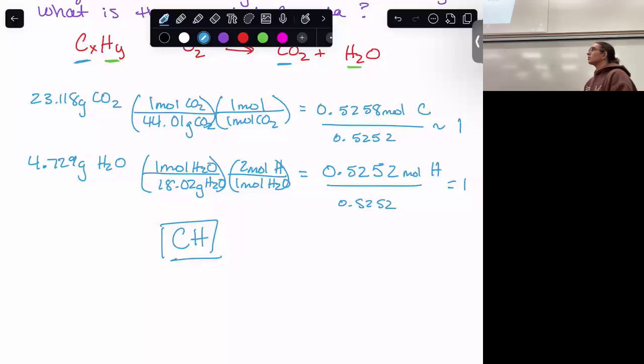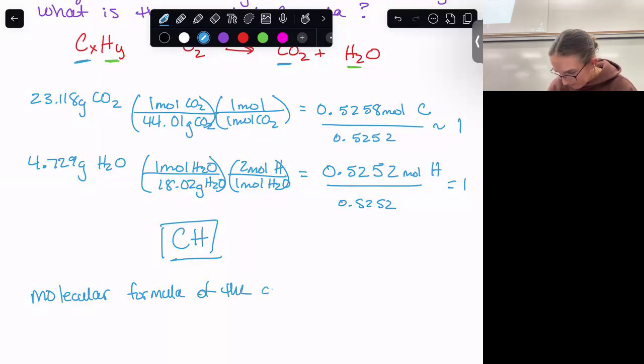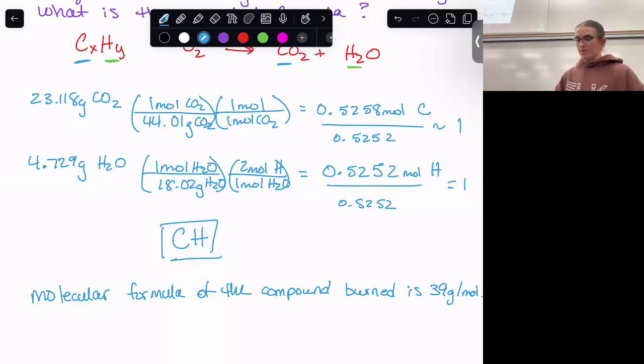Okay, so then the empirical formula is your smallest ratio of that compound. So if I were to say that the molecular formula, not the molecular formula, the molecular weight, excuse me.